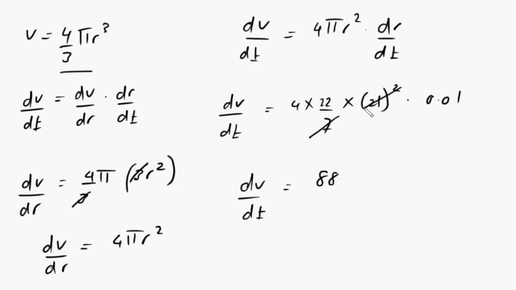So dV/dt now is just going to be equal to 4 times 22 is 88. Dividing this by this, what do I remain with? Times 21, one will cancel and 3 remains. 3 times 21 is just going to be equal to 63 times 0.01. So my dV/dt now will be how much? So I'm going to take 88 times 63.